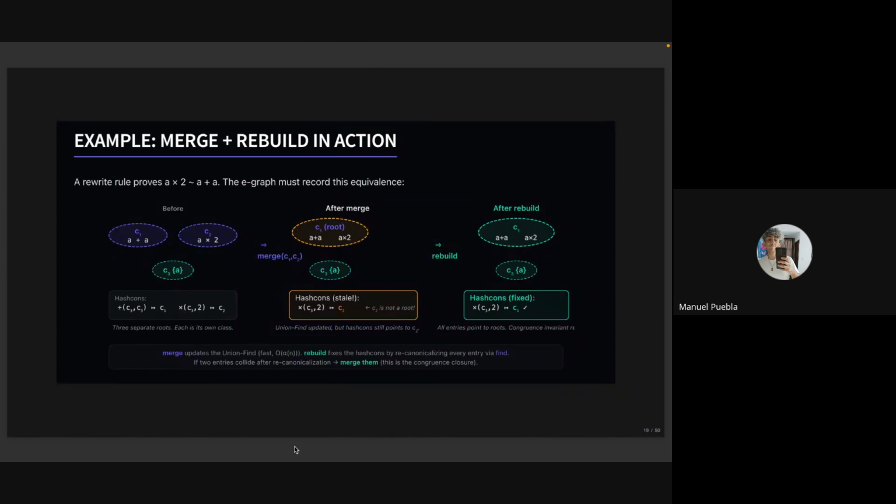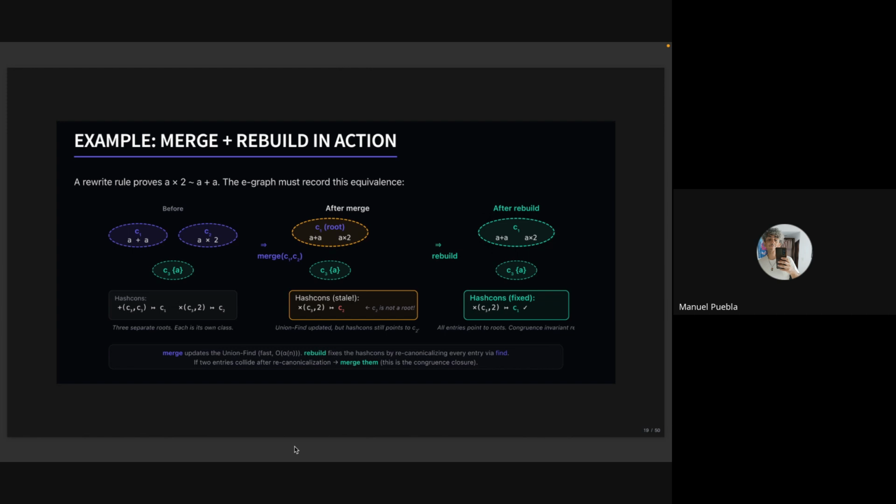As an example, maybe we have A times 2 and A plus A. Before, you had three classes, C1, C2, and C3. We know that if we add C3 twice, we get A plus A: the class of A plus the class of A points to C1. And when we multiply C3 and 2, we get C2.